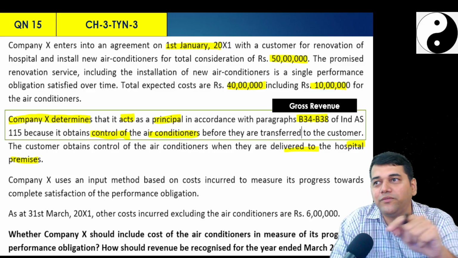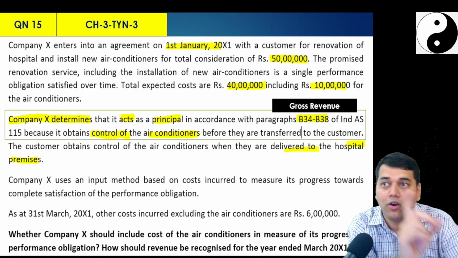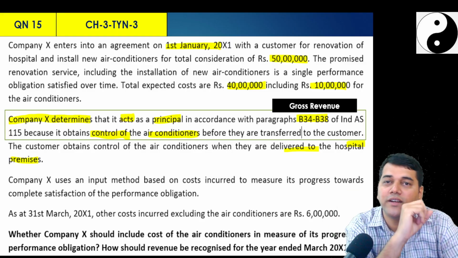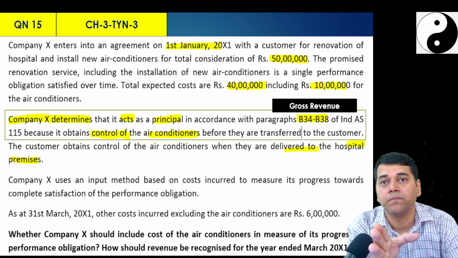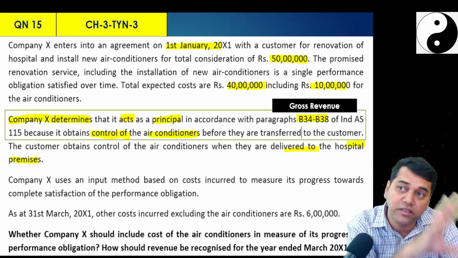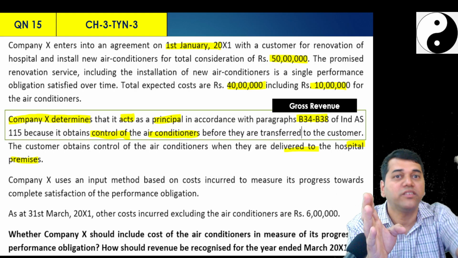Now the question comes, will Make My Trip say 5,000 is their revenue, or in that 5,000, 500 is their profit, or their revenue is 500? Wait, that depends upon in which capacity they are acting. Are they a principal or an agent? We cannot simply say that.